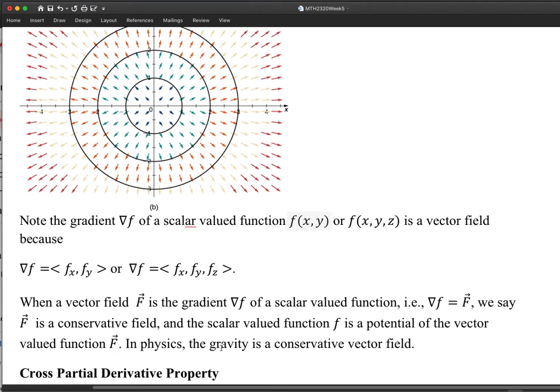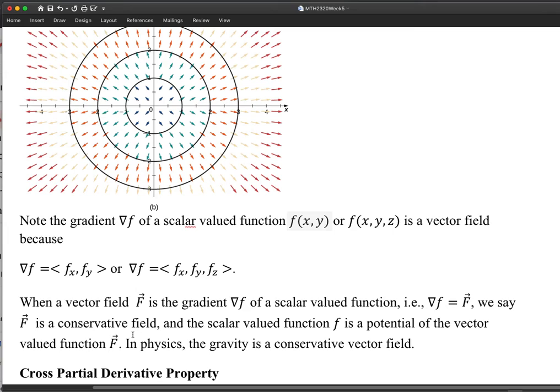See, gradient roughly is for the derivative, right? So accordingly, the scalar valued function is the antiderivative of the vector field, right? Roughly, okay, roughly.